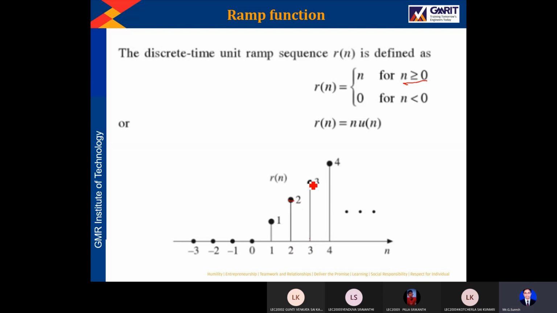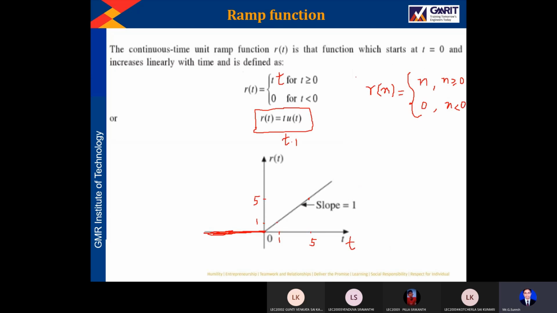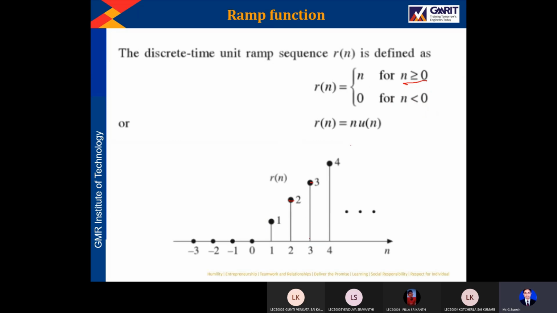When n equal to 3, the amplitude is 3, and so on. It goes on like this. This is the discrete time ramp sequence. Sorry, not unit. You have to say this as ramp sequence, where the amplitudes are not unity.